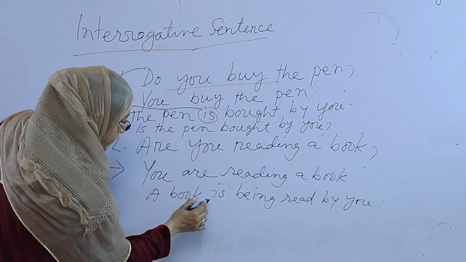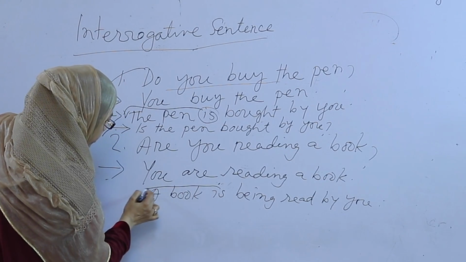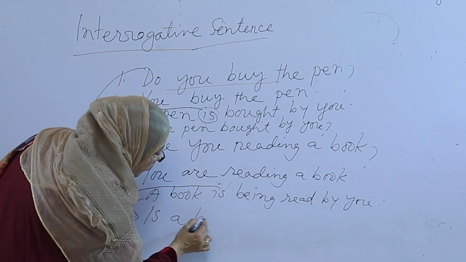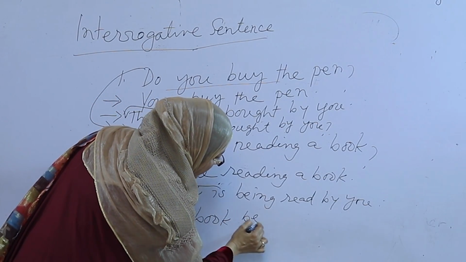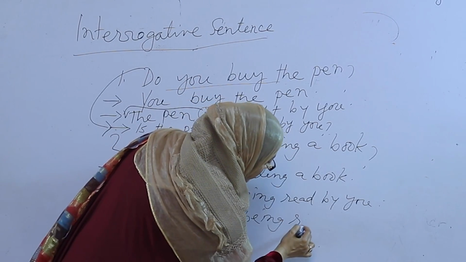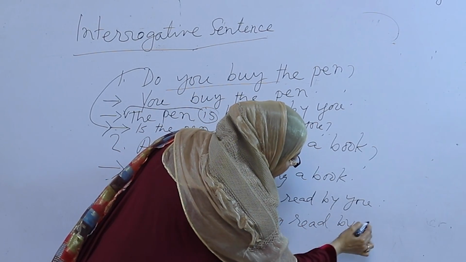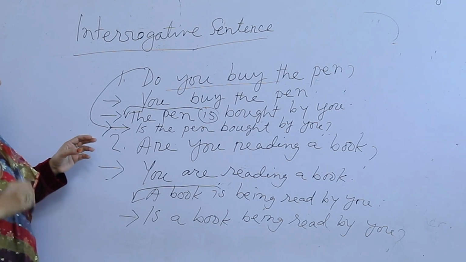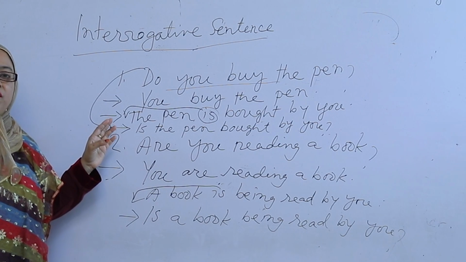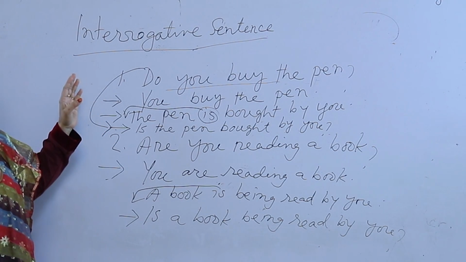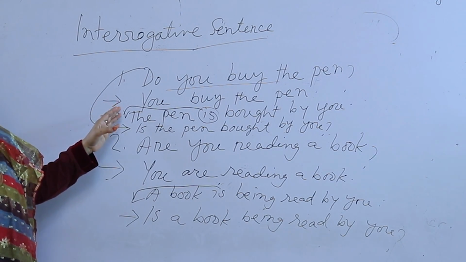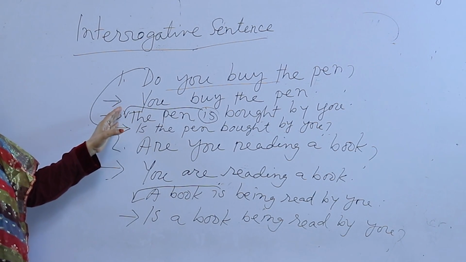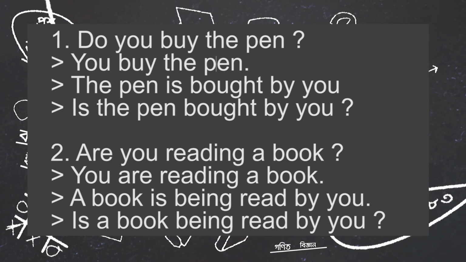And when I turn it into interrogative, I only put the verb in front of the sentence. Is a book being read by you? So, if you want to change an interrogative sentence from active to passive, it is very easy. If you turn the sentence into an assertive, then you can turn it into passive.